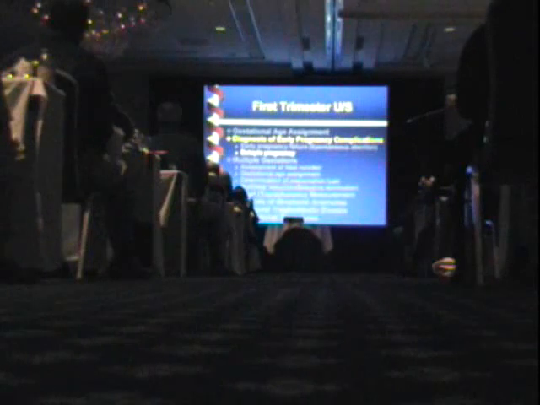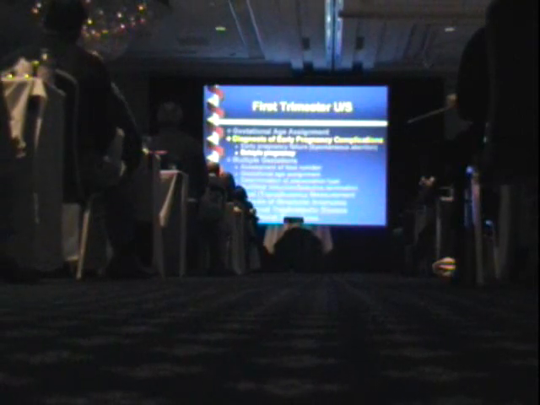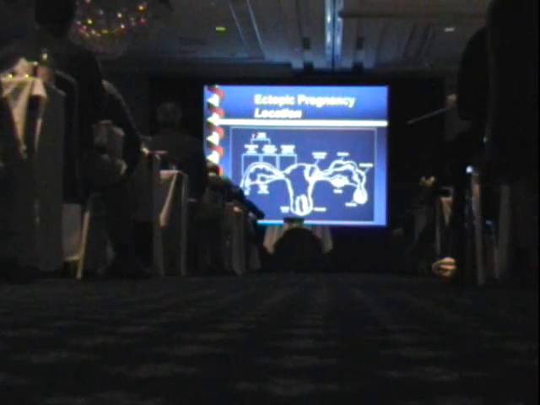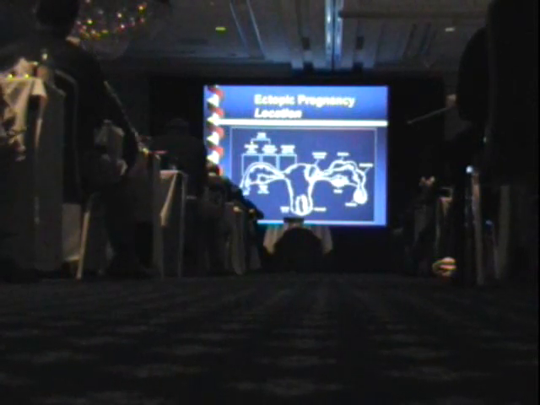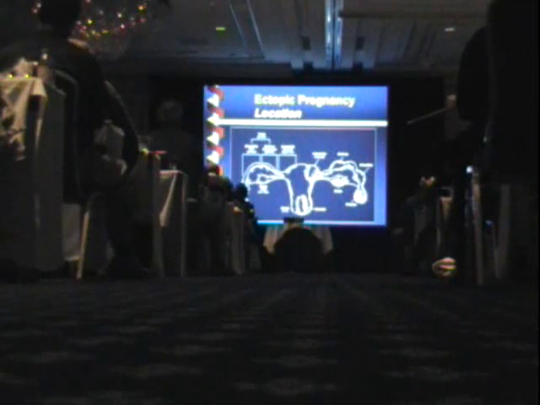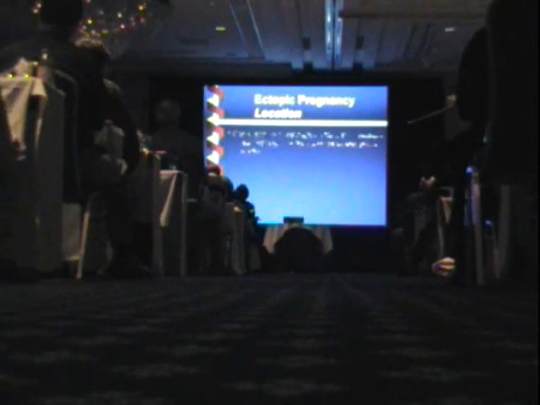Let's move on to a brief discussion of ectopic pregnancy. 95–97% are seen in the ampullary or isthmic portion of the tube, but they can occur in rare locations as well.